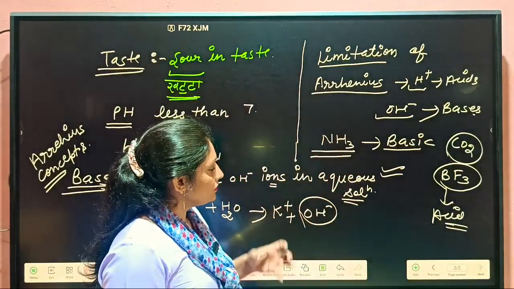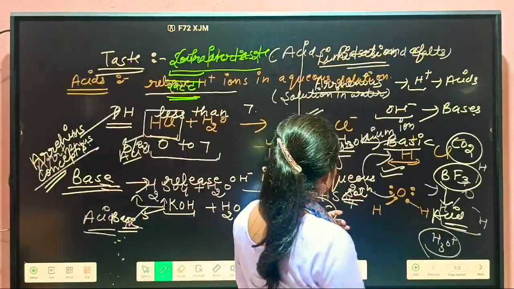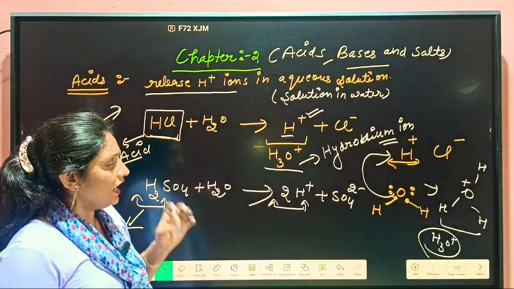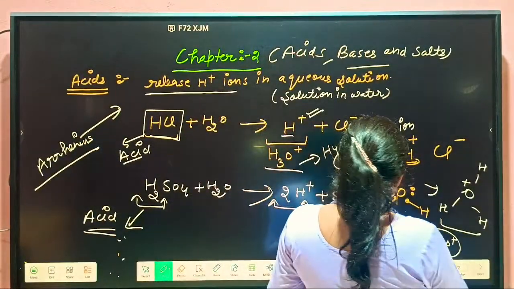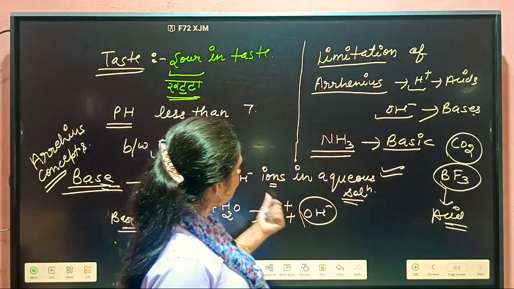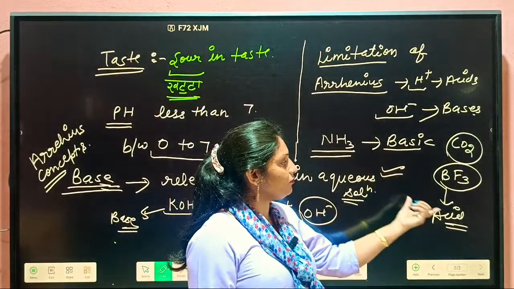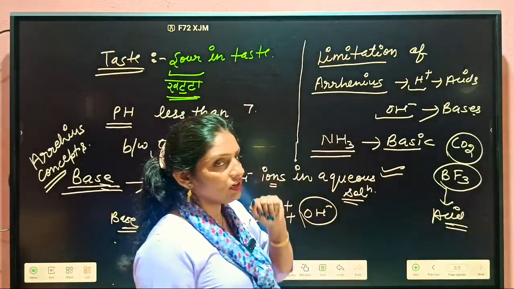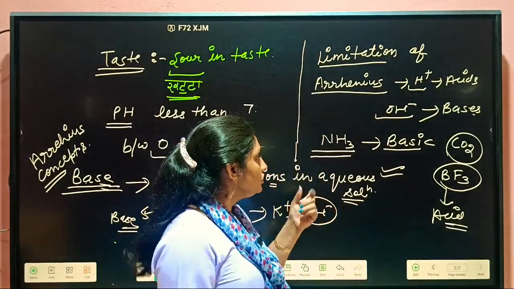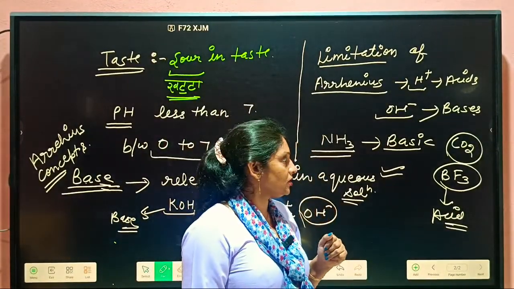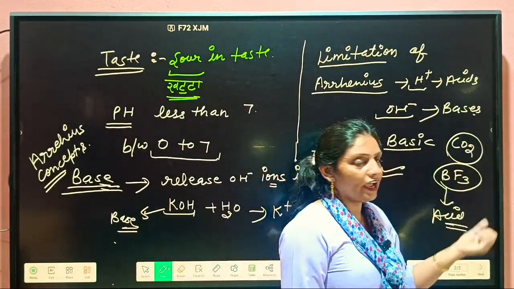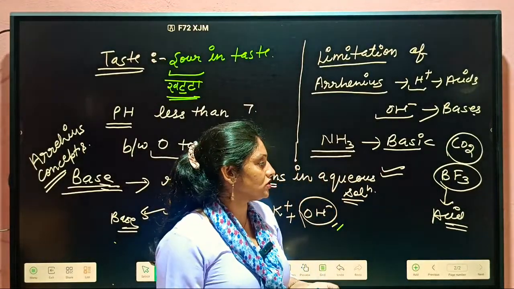Arrhenius said that the substances which release H positive ions in aqueous solutions are known as acids, and which release OH negative ions are known as bases. But some molecules do not have OH negative ions for release, so how can they release? And some acids do not have H positive ions.